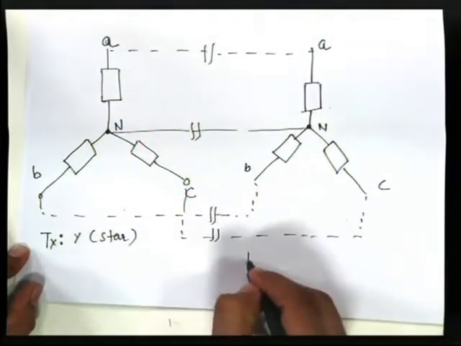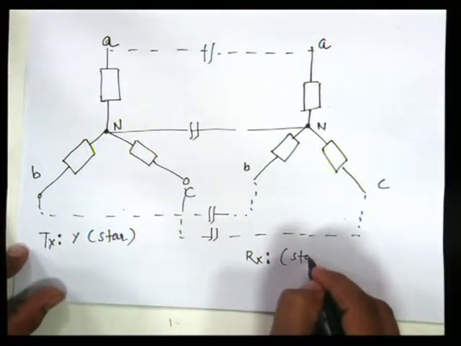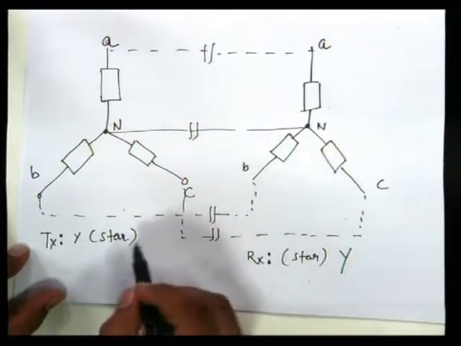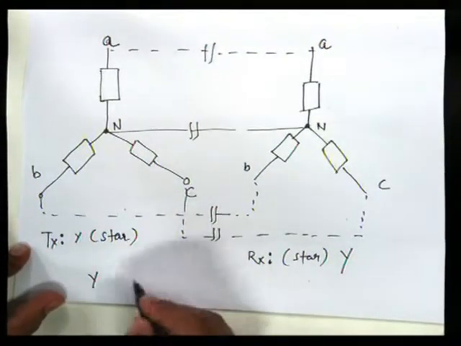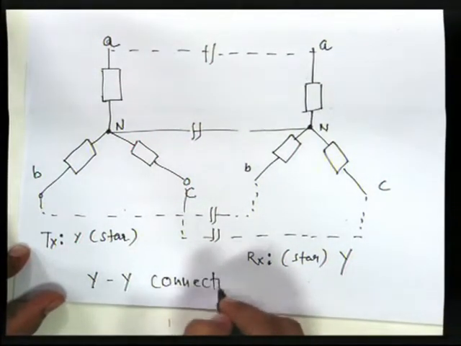So now this becomes again the RX side, a star or Y connection. That's why it is called Y to Y connection.